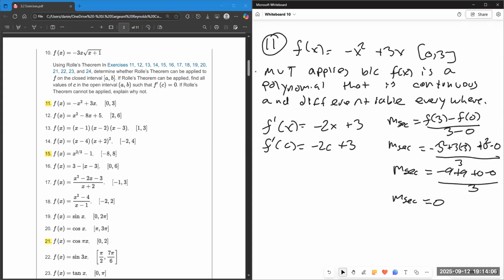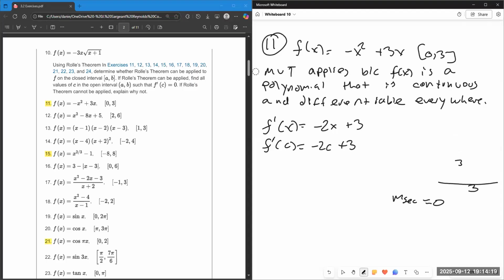So we have Rolle's theorem applies. I didn't tell you Rolle's theorem has an extra condition here that says f of a equals f of b. So that's really what I just found. Let me just do it that way, since we're specifically on Rolle's theorem. F of 0 is 0.